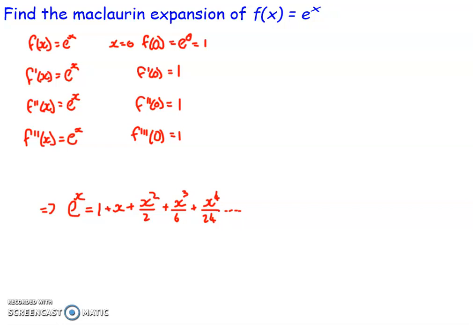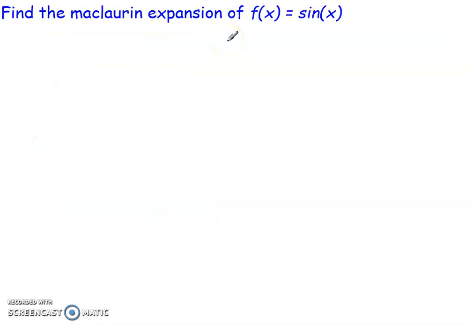For example, let's imagine I wanted to find the Maclaurin expansion of f of x equals sine x. I'd follow the same set of steps as I did before. So I'd start with my f of x is equal to sine x. That's my original function there. What I'm then going to do is work it through using the basic technique I talked about before by looking at derivatives. So I'm going to first calculate f dashed of x, or derivative of sine, is cos x.